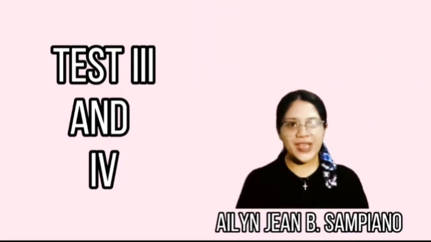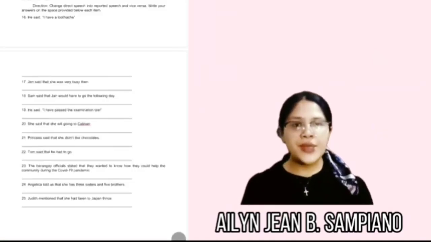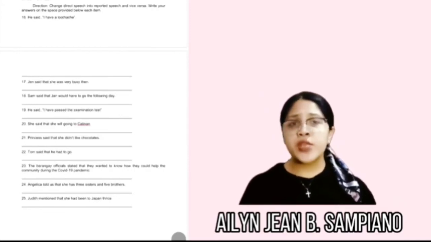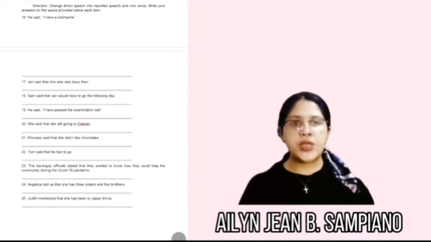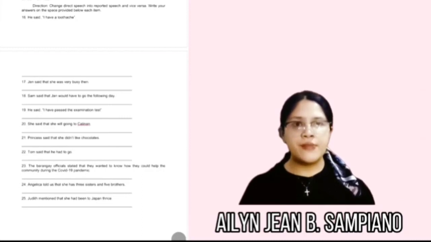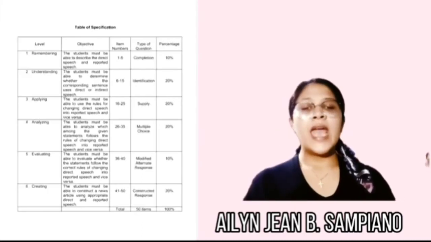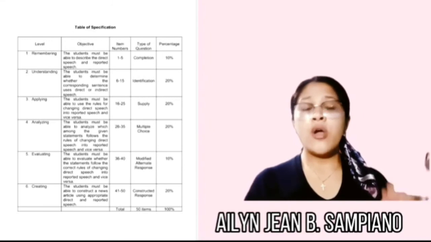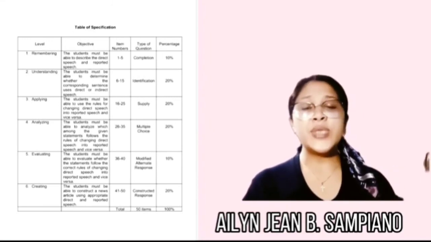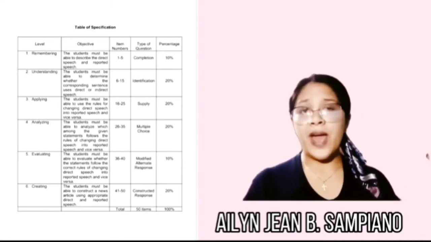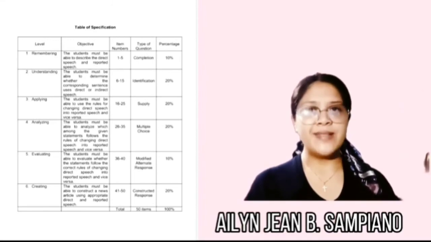Hi, I am Mylene Jean Sampiano, and I will be discussing Tests 3 and 4 of our grammatical assessment test. First, Test 3 is a supply type of test, and the item numbers are 16 to 25. In this test, students need to convert the given direct speech into reported speech and vice versa. In the table of specifications, or TOS, this type of test is under the applying level of the cognitive domain.